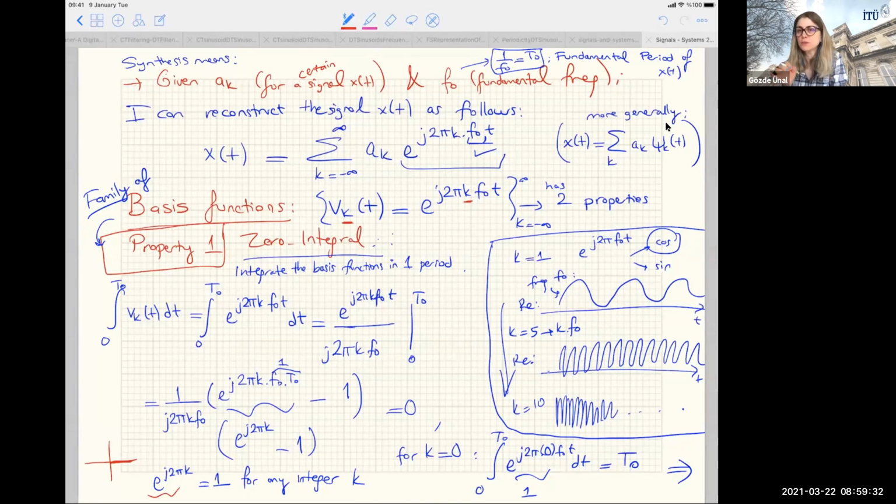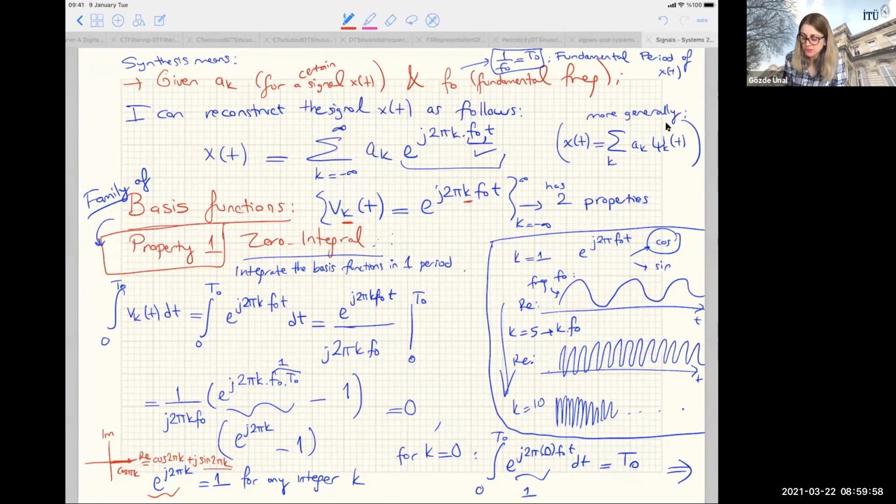When you see a complex exponential, it may be hard to know what's going on. Just always think of the Euler formula. This is cosine 2 pi k plus j sine 2 pi k, right? So there is a cosine 2 pi k on the real part and a sine on the imaginary part, but for integer k the sine part is 0.